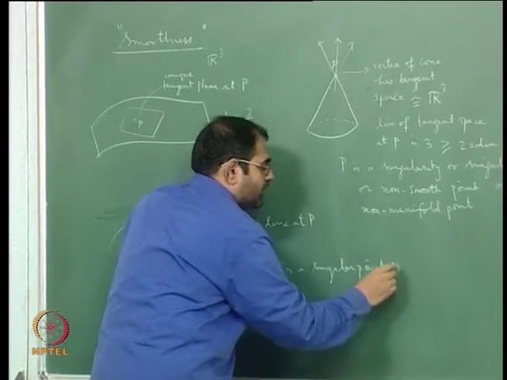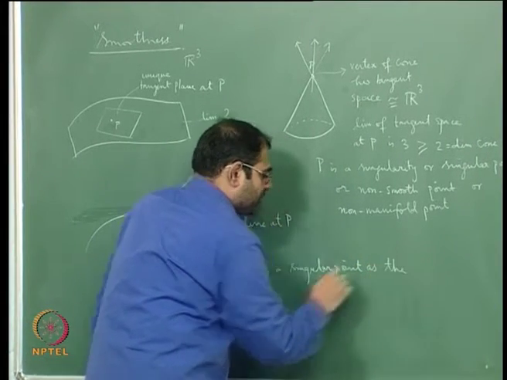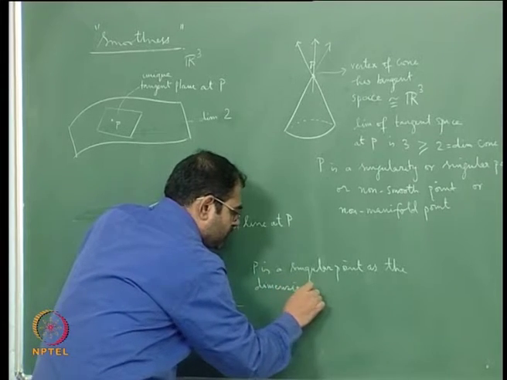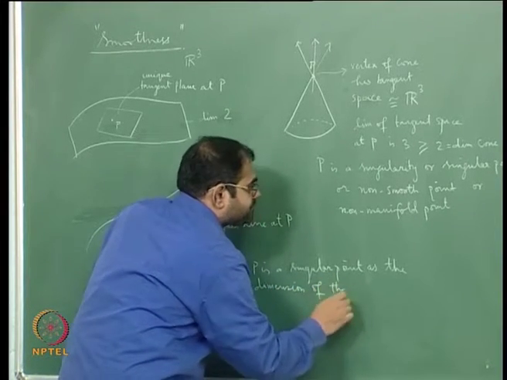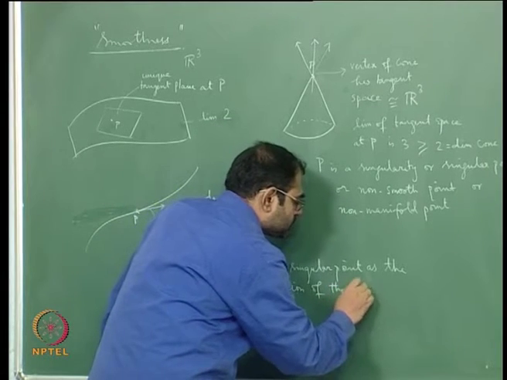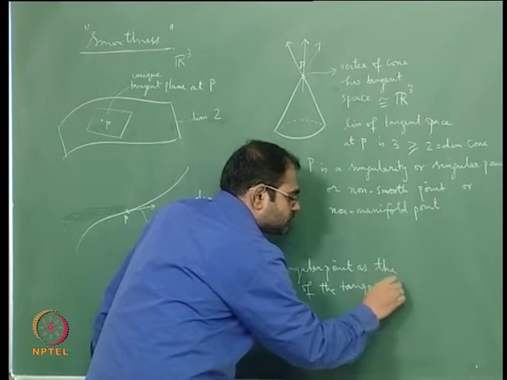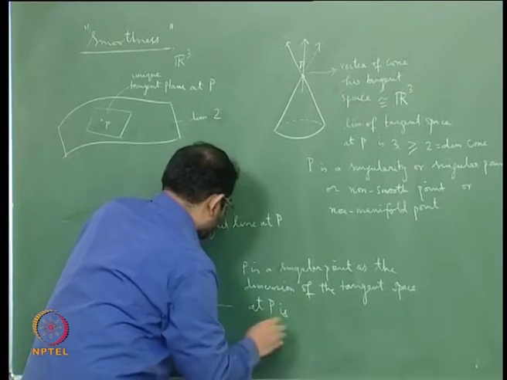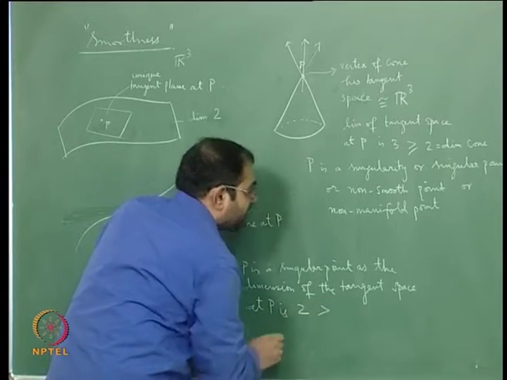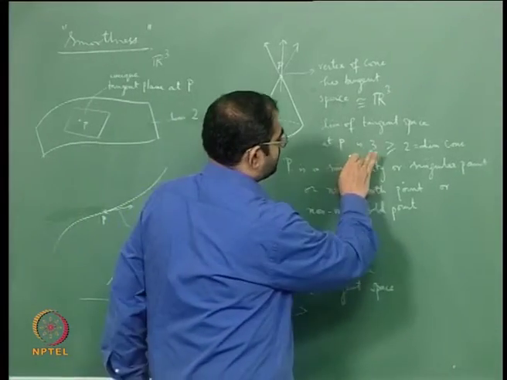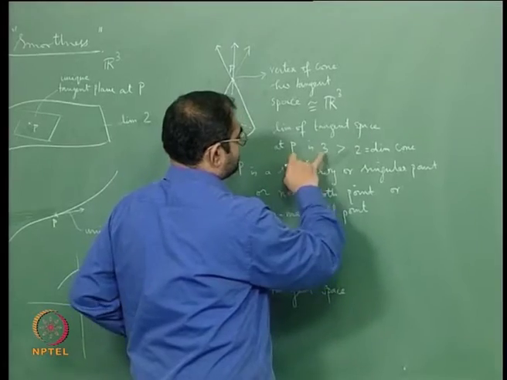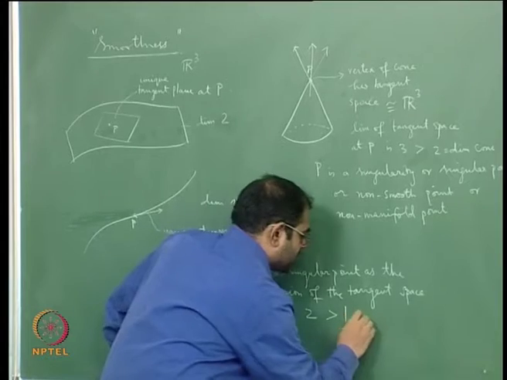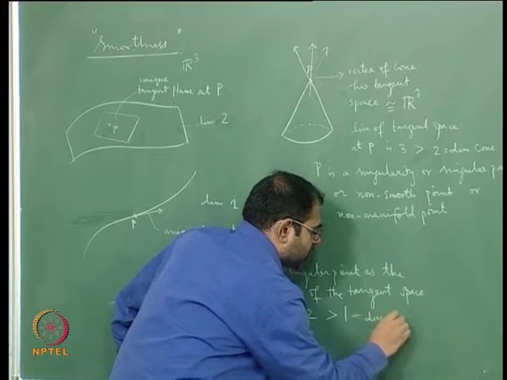as the dimension of the tangent space at the point P is 2, which is strictly greater than, so here I should not put greater than or equal to, in fact I should put strictly greater than, 2 is strictly greater than 1, which is the dimension of the curve.